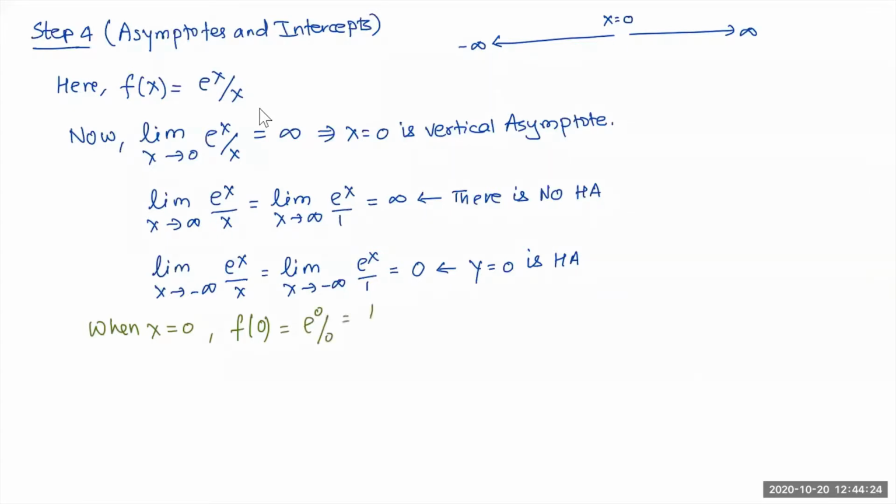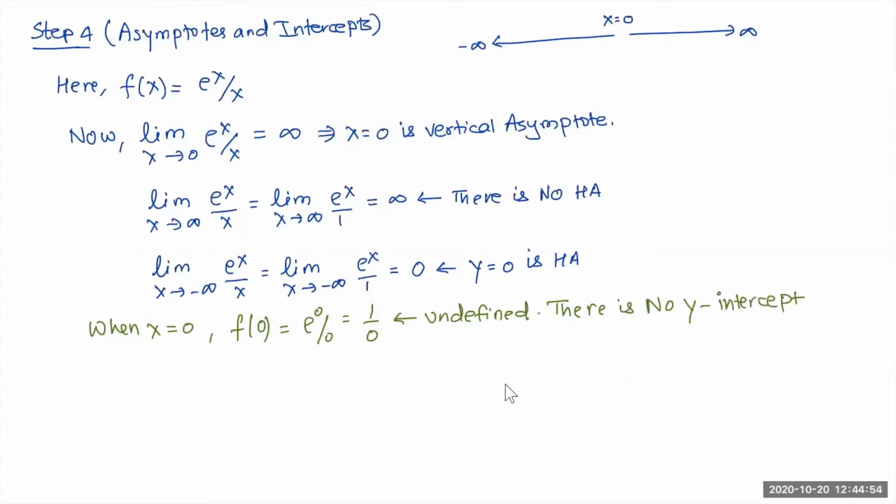E to the 0 is 1, and 1 over 0 is undefined. That means when x equal to 0, we are not getting any y value. If we got a y value, that would be the y-intercept, but we are not getting anything. So there is no y-intercept.